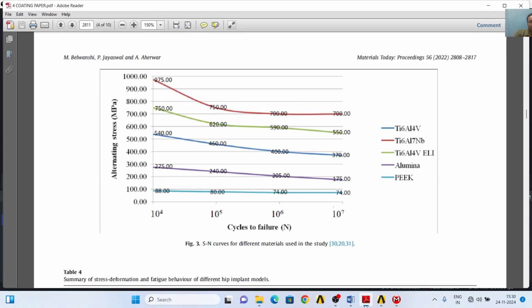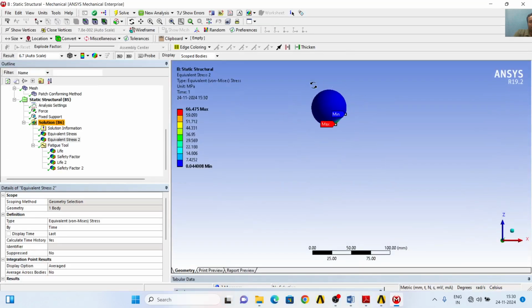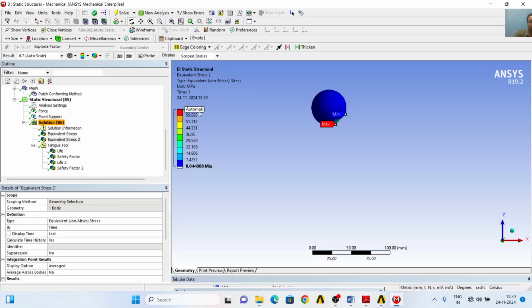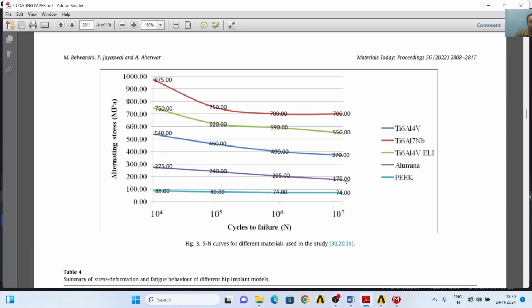So we can conclude that the head is going to survive 10 to the power 7 life cycles on the basis of this S-N curve data for alumina, as the stresses are only 66.475 megapascal and the stresses for 10 to the power 7 life cycles should be less than 175.